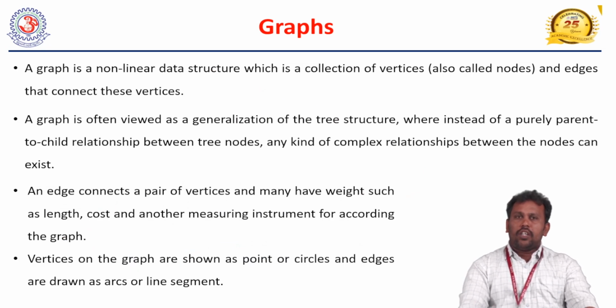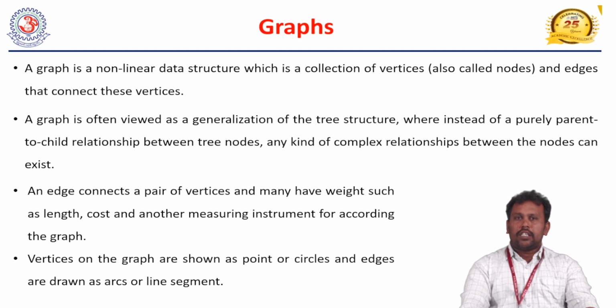A graph is also a nonlinear data structure, which is a collection of vertices and edges that connect these vertices. A graph is often used as a generalization of the tree structure, where instead of a purely parent-to-child relationship between tree nodes, any kind of complex relationship between the nodes can exist.